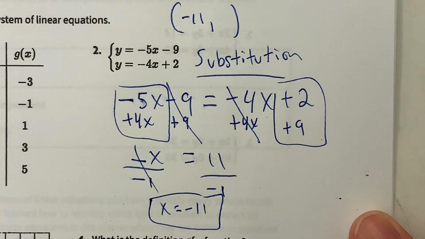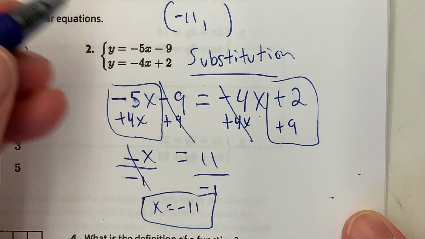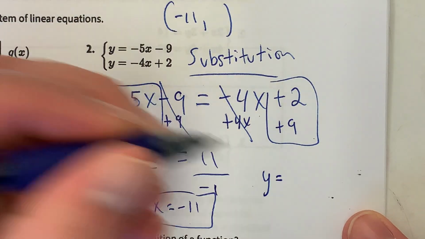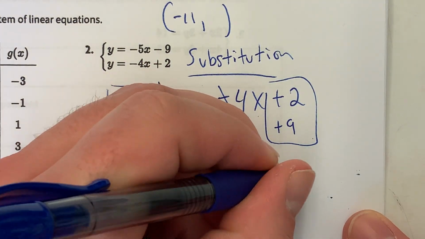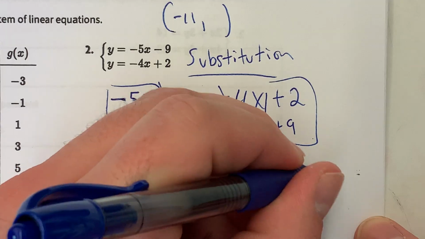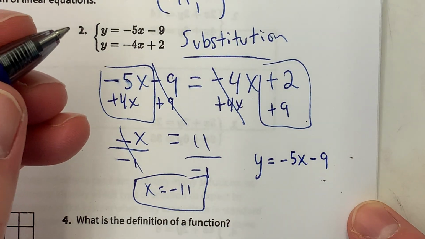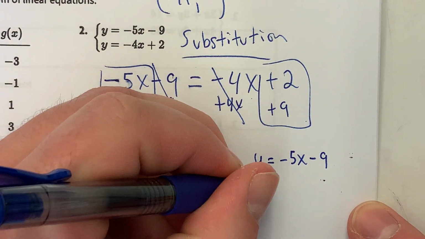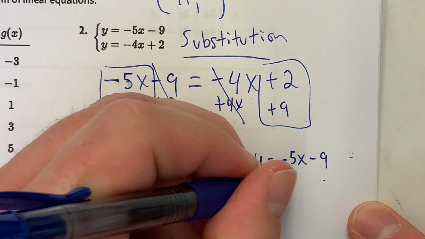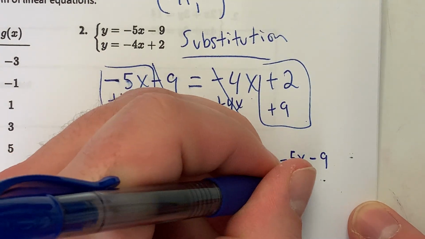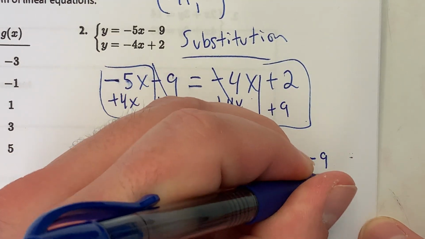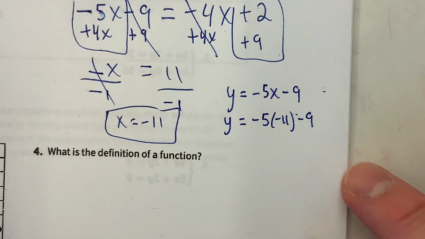All right, so now you pick which one you want to plug in, top or bottom. They're both the same. I'll just choose the top. Y equals negative 5 times negative 11 minus 9. Okay, so that's what it's going to look like when we plug it in.